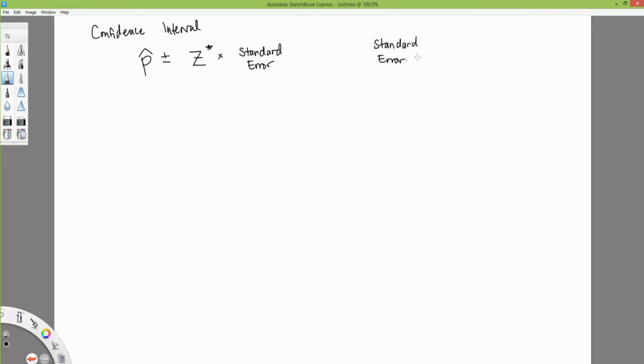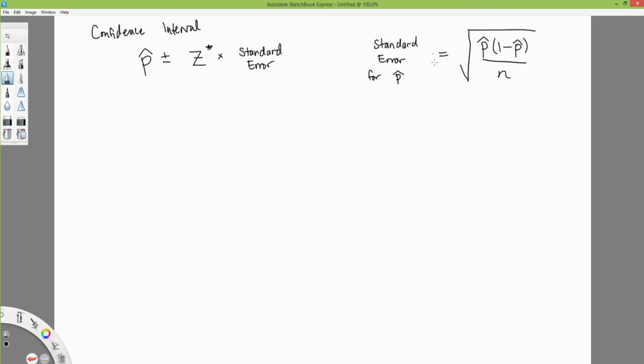Okay, and over here, the standard error, and our formula for the confidence interval changes, but the standard error for p hat, because we have one sample, is equal to the square root of p hat times 1 minus p hat over n.